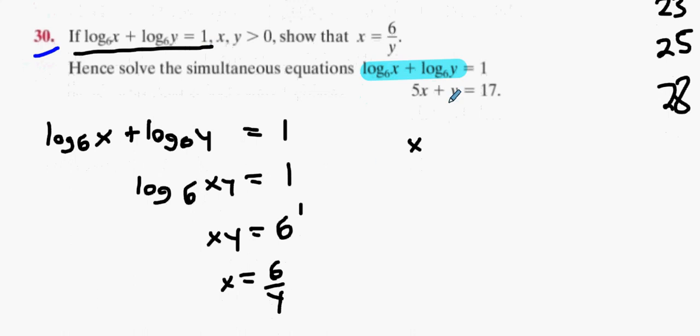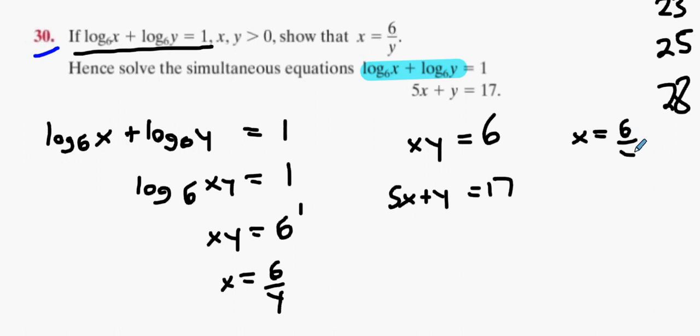So you can just change that into xy equals 6. Does that make sense? Now what do I need to get on its own? Substitution, so either x or y. Suppose I get x on its own. X equals 6 over y. What do I do here daily?